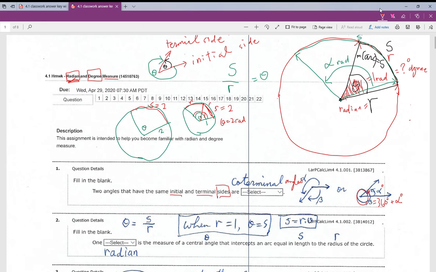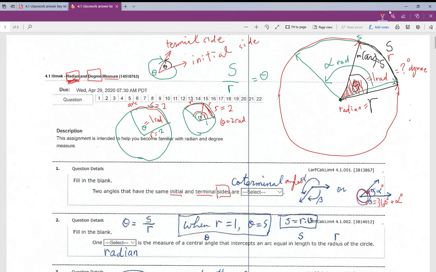But if your radius is 2, then this angle will be just 1 radian, because the open arc is the same size as the radius, just 1 radius length. So we call this angle 1 radian.